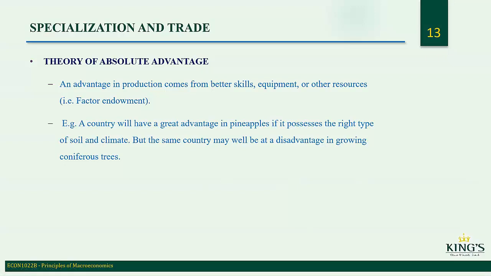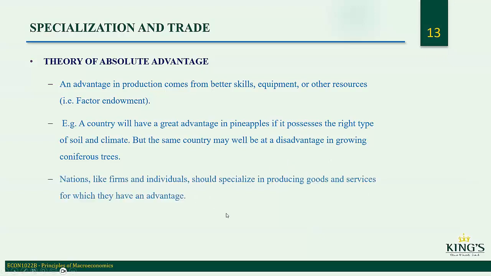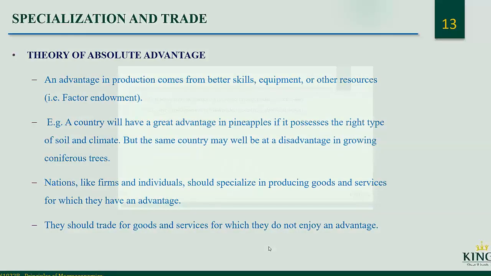But the same country would be at a disadvantage in growing some other types of crops. They have the right soil for pineapples, but maybe they could grow coniferous trees, and the soil may not be all that great, so they might not be very good trees. You get the idea. Basically, specialize in what you have an absolute advantage in, and then you can get a larger pie, so it's fairly straightforward.